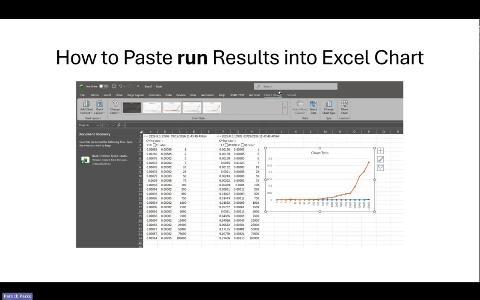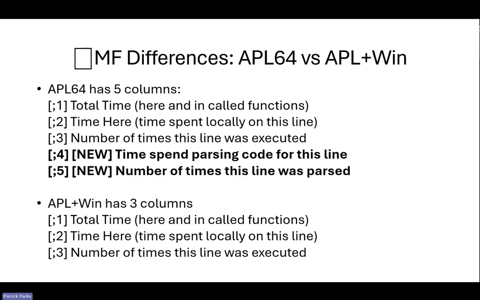So that's pretty straightforward. Let's talk about quad MF differences. In quad MF, in APL64, we have a 5-column result instead of a 3-column result. In the 5-column result, we have 2 new columns.